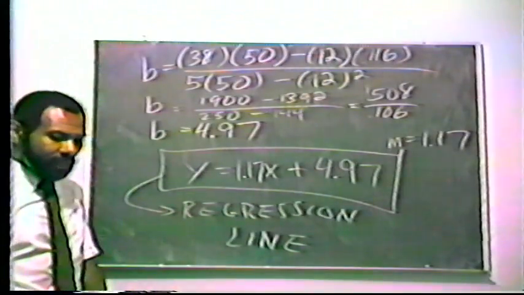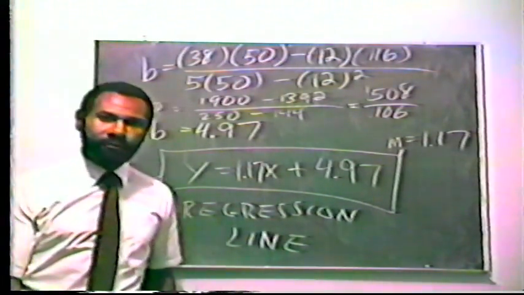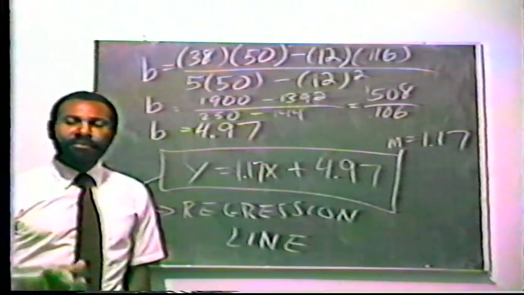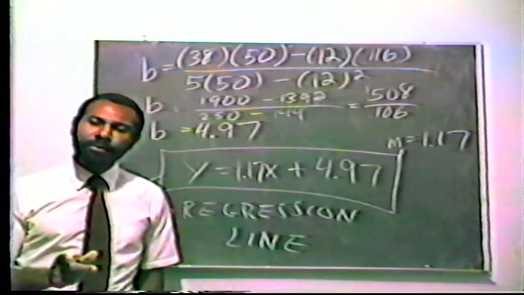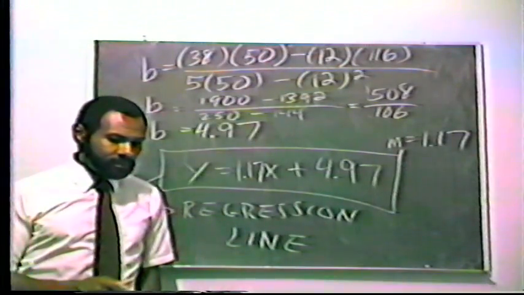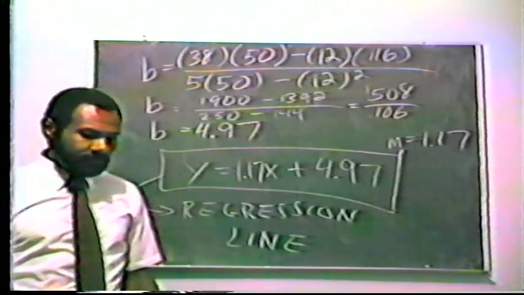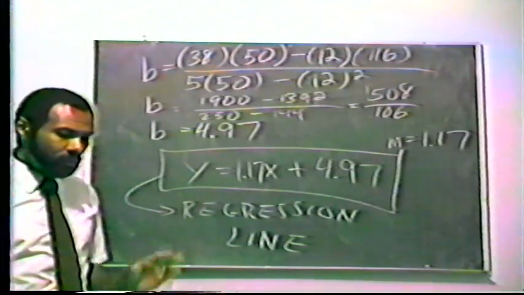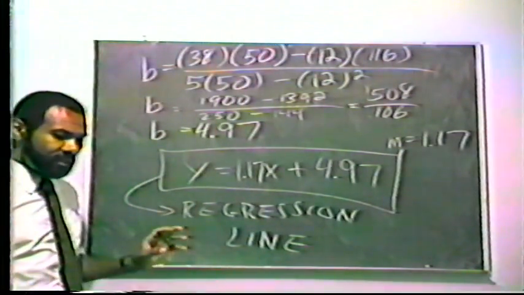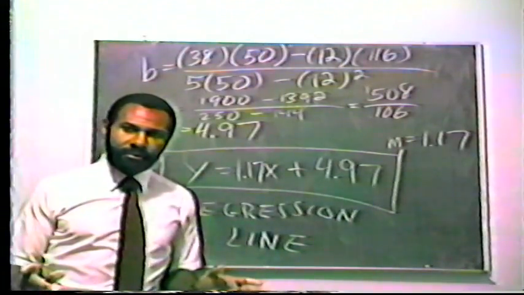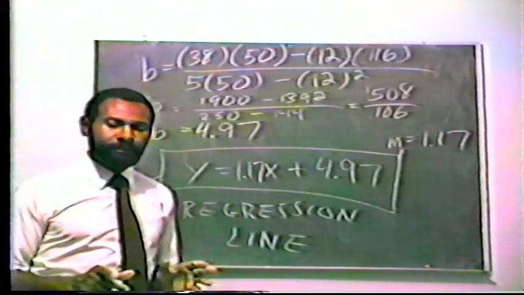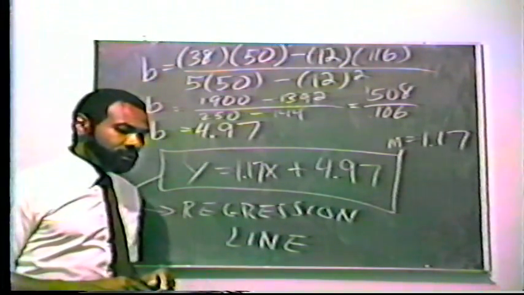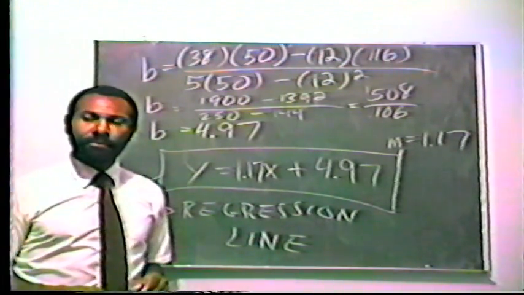Now, one thing that's very powerful about the regression line equation is that we can use that equation to make predictions. For example, in the problem that we did involving the load and the length, the load that we put on the spring and the length of it, we didn't put a load on the spring that was 25 pounds, for example.